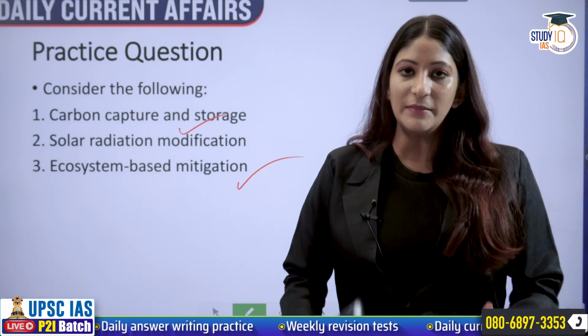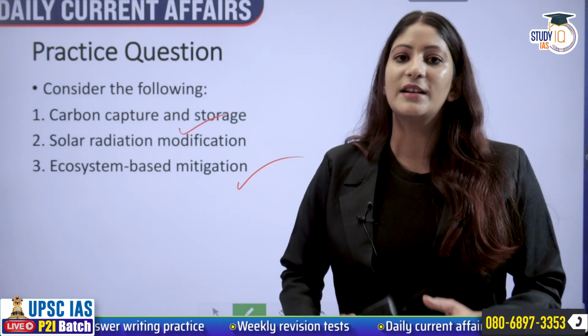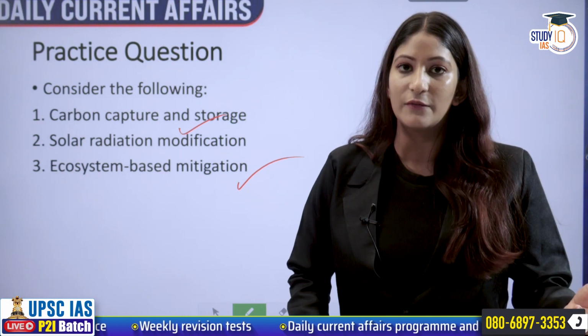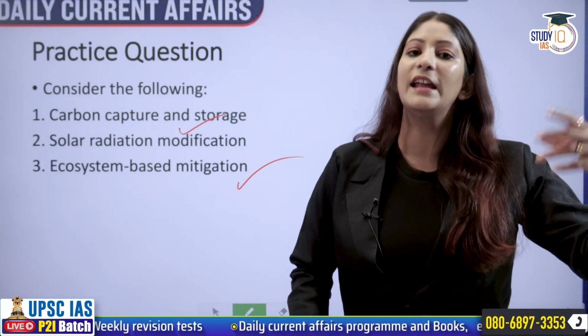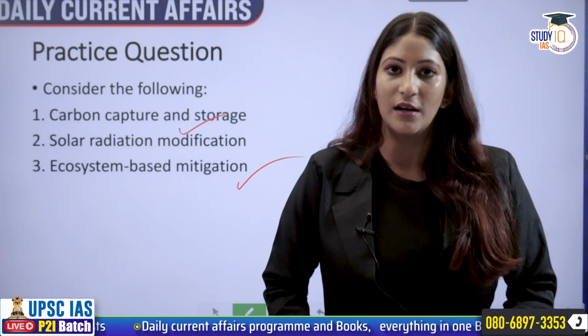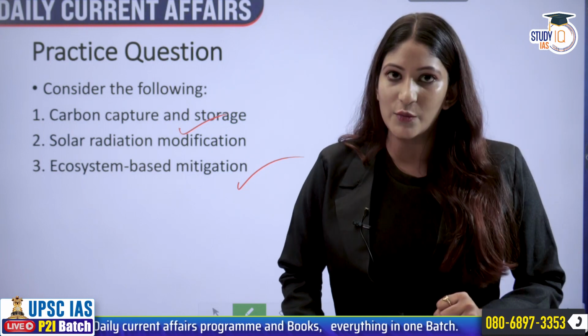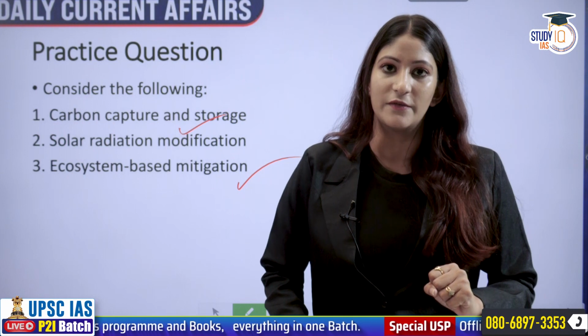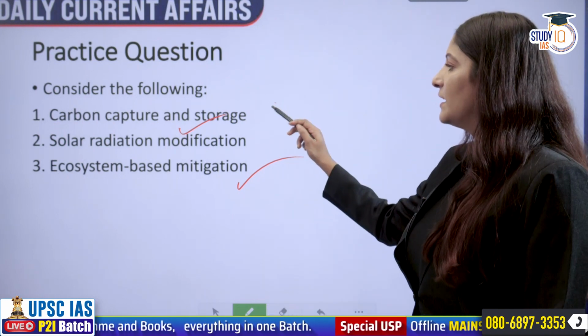But by some technology, if I capture the carbon and store it away so that I can use it for other purposes, and then again store it, this is a capture and storage technique for carbon emissions. And while I do so, I also take out the excessive greenhouse gas from the atmosphere. So the first is definitely correct.